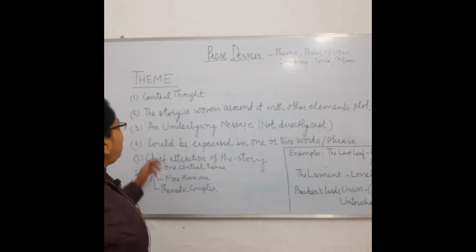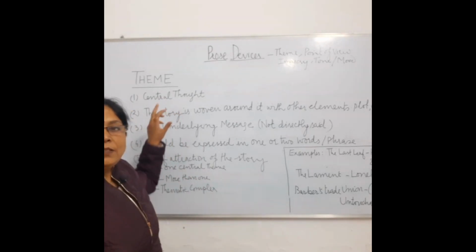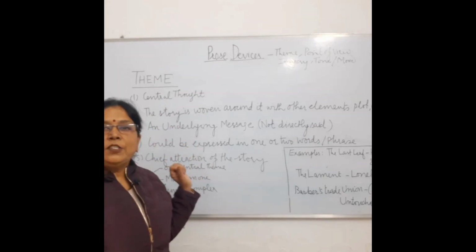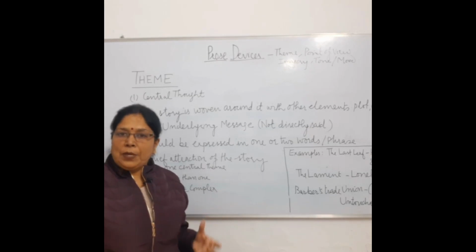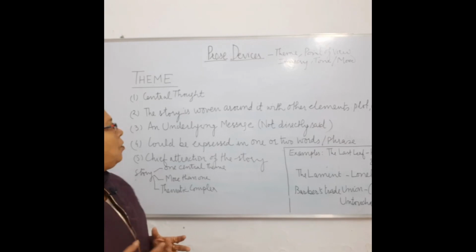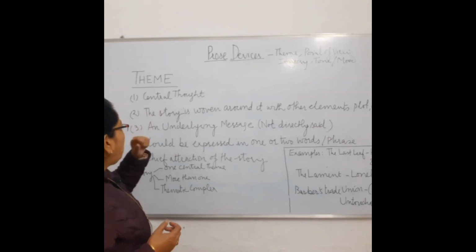In fact, it is the central thought or the central idea of a poem or a novel or a short story or a play. So theme is the main or the central idea of any short story or play.